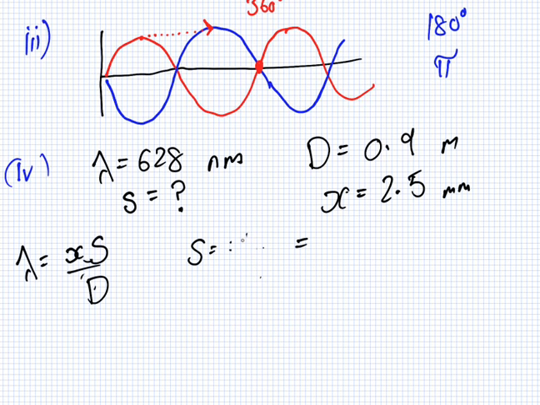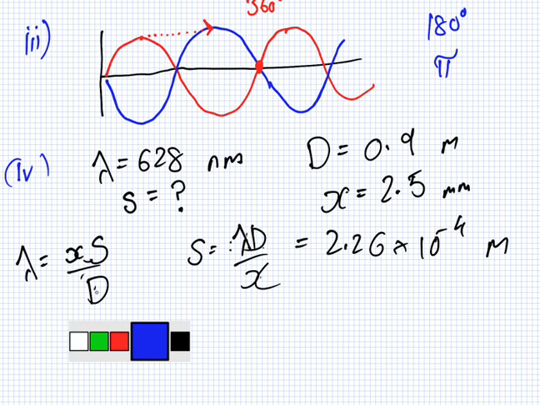S is then lambda d over x. Lambda times 0.9 divided by 2.5 divided by 10 to the... I got 2.26. Yeah. 0.2 of a millimeter. Alright, that's part 4 done. So now on to B.